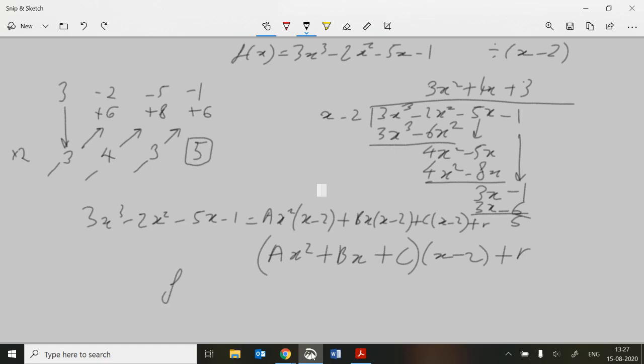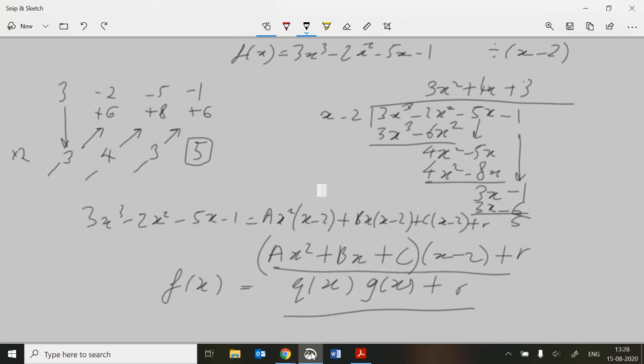This is coming from us saying f of x equals q of x times by g of x, our divisor, plus r. I've created a quotient which will give us an x cubed term by timesing by this. But we know the quotient needs to be a quadratic. We know that the remainder has a degree 1 less than the divisor, so this is just a constant term.